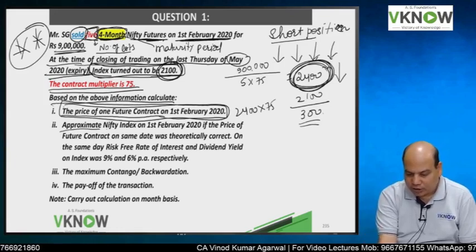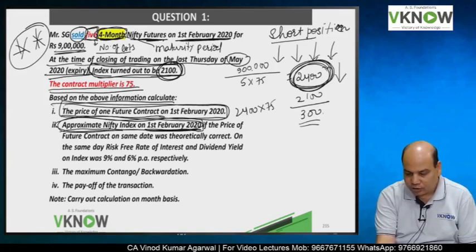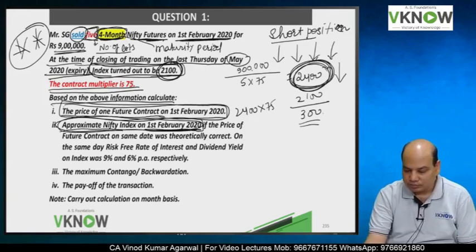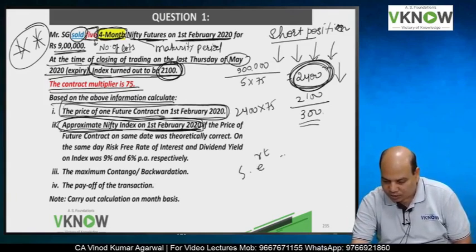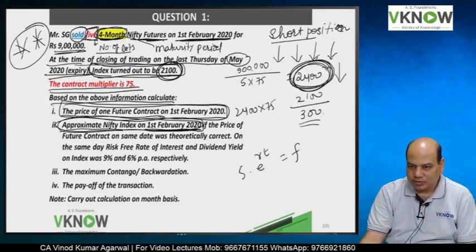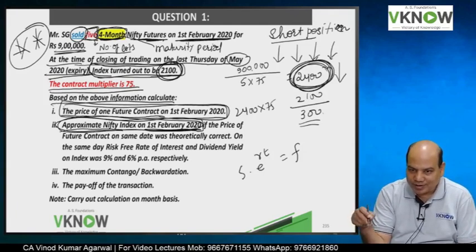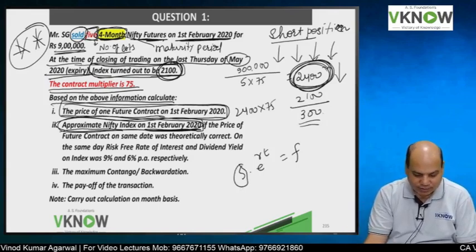Approximate Nifty index on 1st April 2020. You have to find the spot Nifty on that day. Spot Nifty into e to the power RT is equal to future Nifty. Is it right? So reverse working and find the value of S.